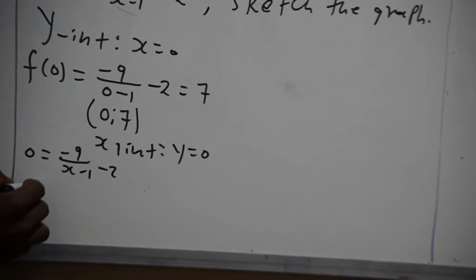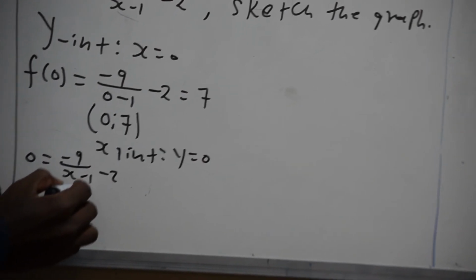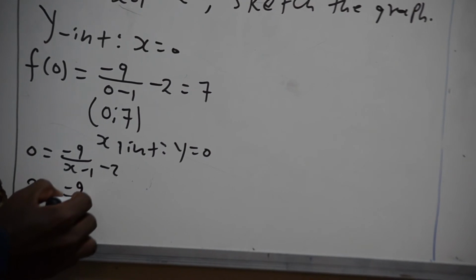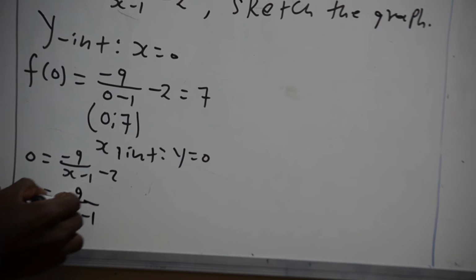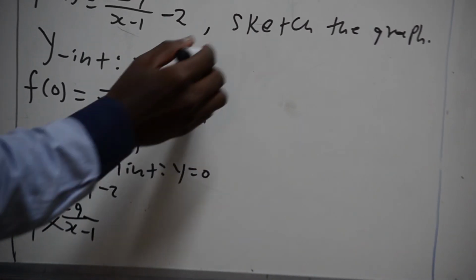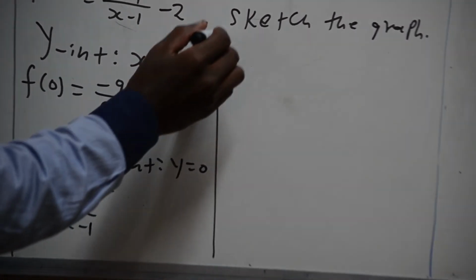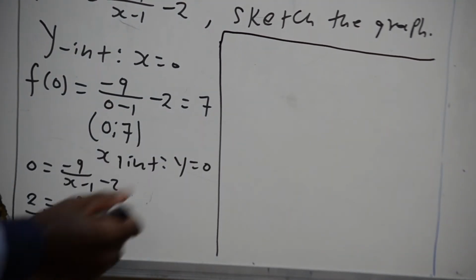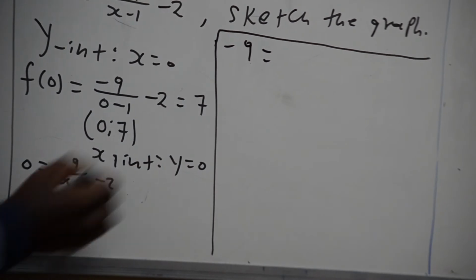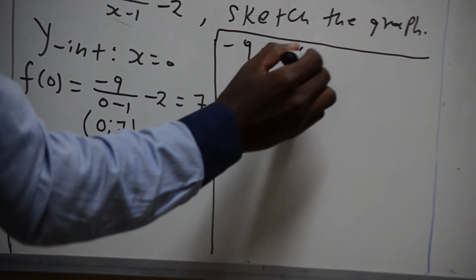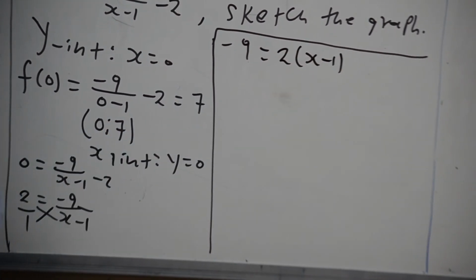Then you have positive 2 equal to minus 9 over x minus 1. Then cross multiply. You will get minus 9 equals 2 into x minus 1. That's what you'll get.